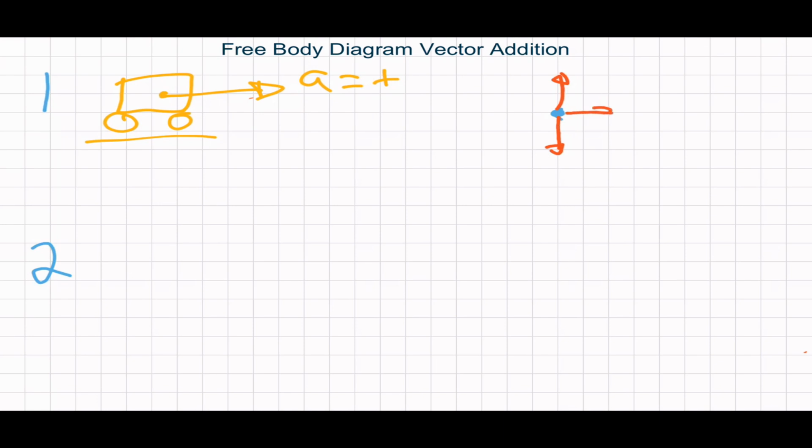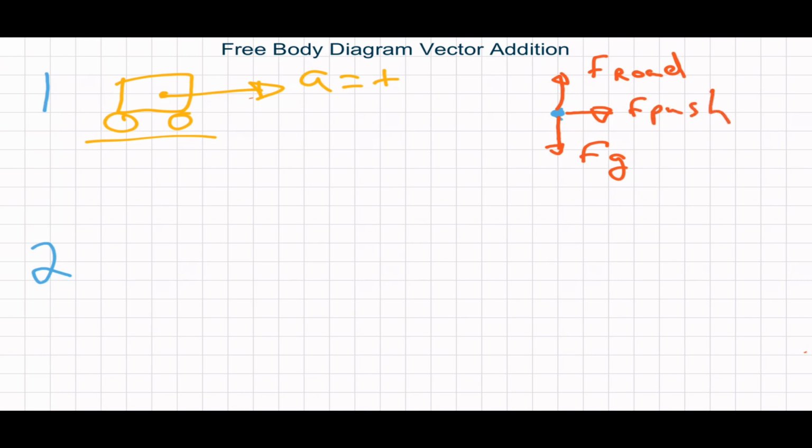Okay, so let's take a look at this more mathematically. If I have two forces pushing to the right, I can add those forces. And the total will be 3 plus 4, which equals 7 newtons. So the sum of the forces. Okay? Let's look at this next one.